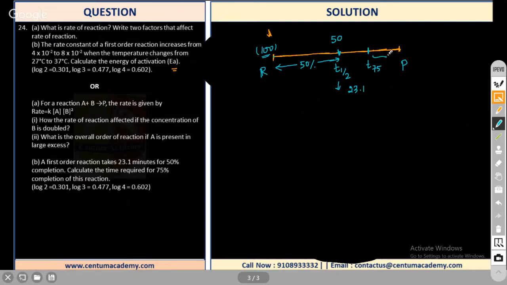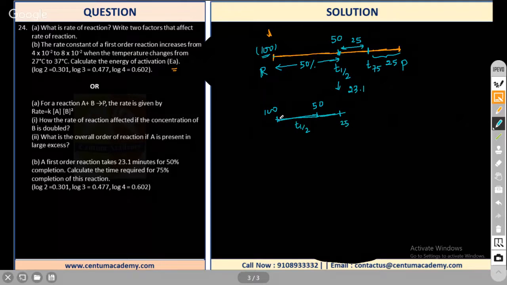So what is left here? 25. And what is reacted from here to here? It is also 25. So when you go from this point to this point, it takes another T half of the same reaction, right? From 100 to 50, the time required is T half, and then 50 to again 25.